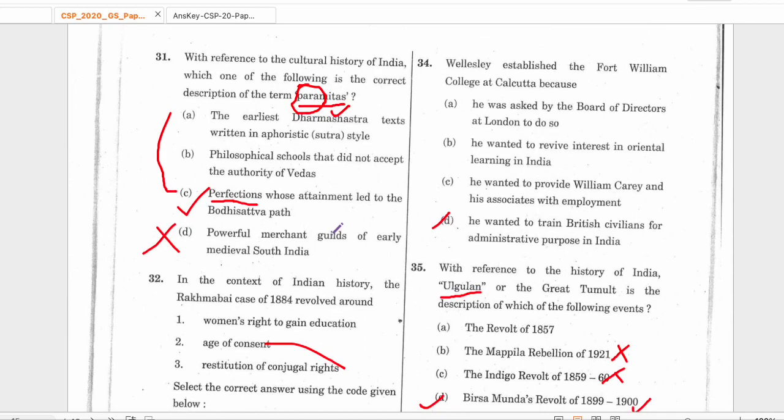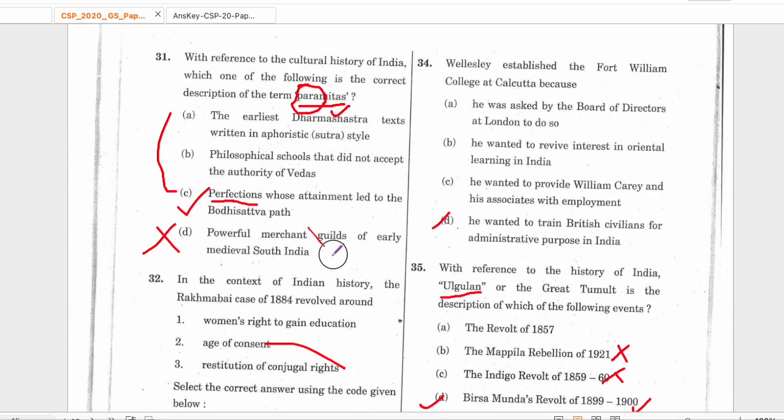With reference to the cultural history of India, which one of the following is the correct description of the term paramitas? The earliest Dharma Shastra texts written in apostolic sutra style, philosophical schools that did not accept the authority of Veda, perfections whose attainment led to the Bodhisattva path, powerful merchant guilds of early medieval South India.